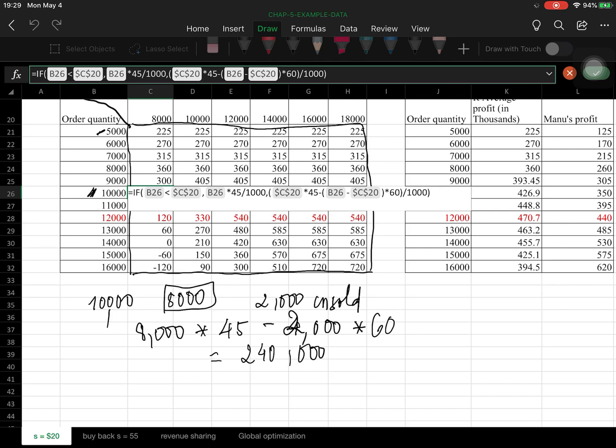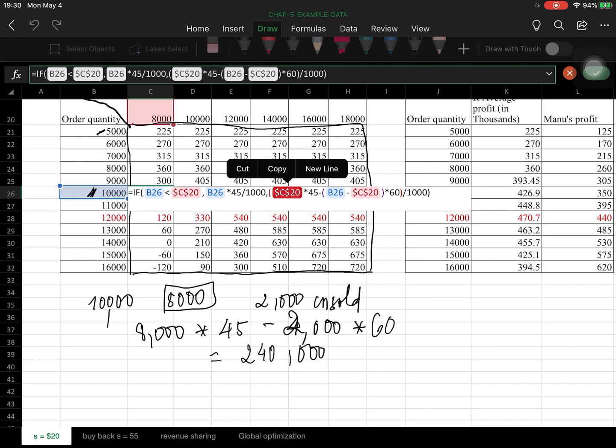If it's wrong, if the order quantity is larger than the real demand, then the profit will equal the demand multiplied by the marginal profit, minus the marginal loss, which is 60, multiplied by the order quantity minus the real demand.